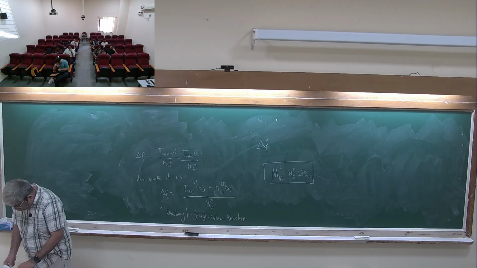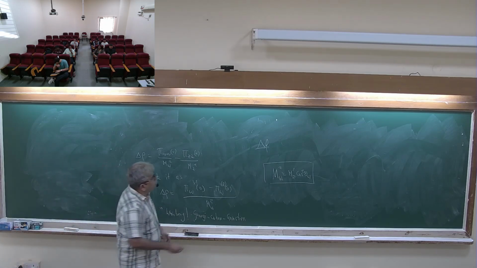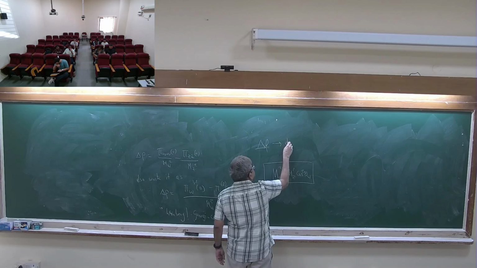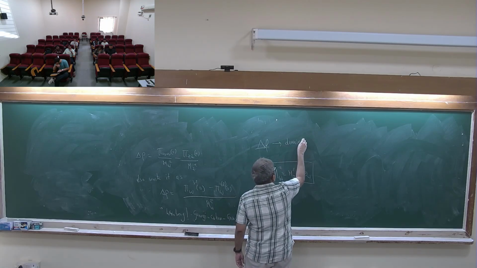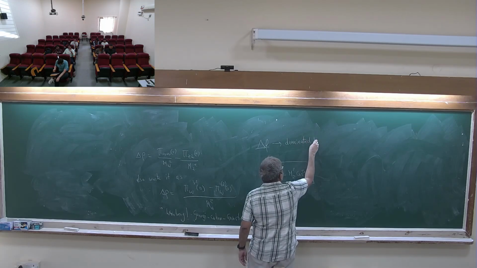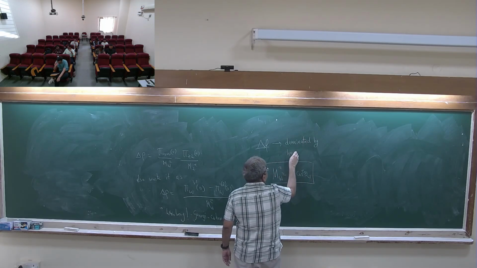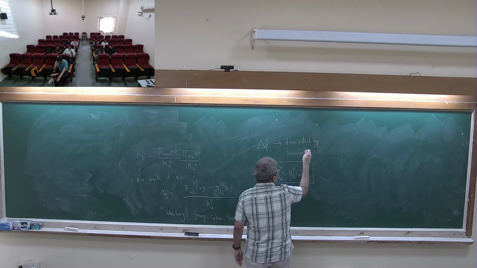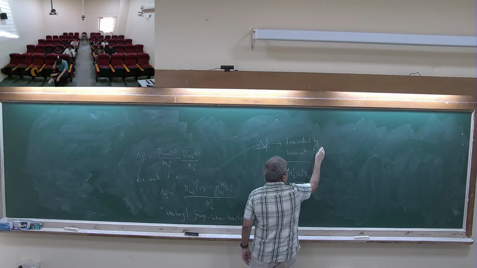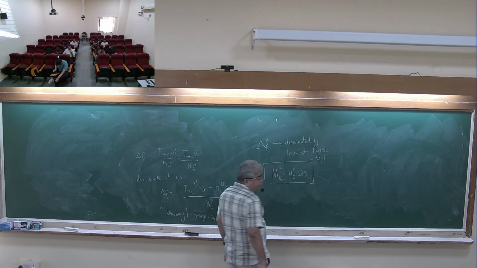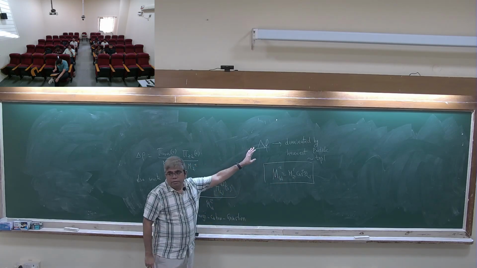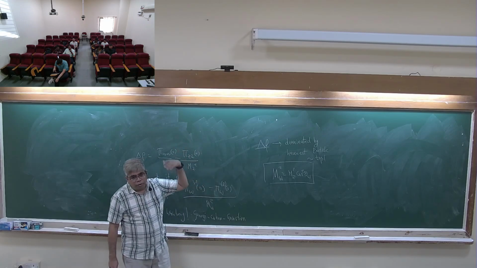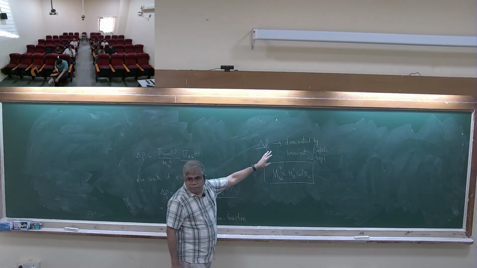Then there are a lot of calculations. So then we derived this delta rho to be dominated by the heaviest particle, which is essentially the top quark. So this is the physics. In addition to all the formula and everything, this is the physics we should remember.